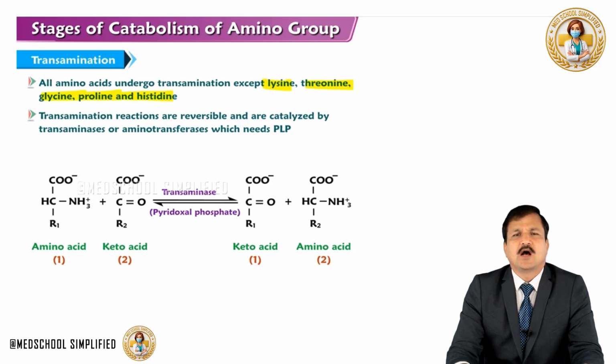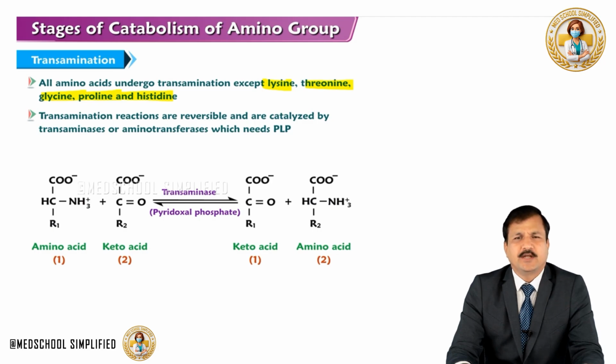After remembering how many amino acids out of 20 standard amino acids undergo transamination reaction, which is 15 of them, what are the exceptions? Exceptions you should remember: lysine, threonine, glycine, proline and histidine.